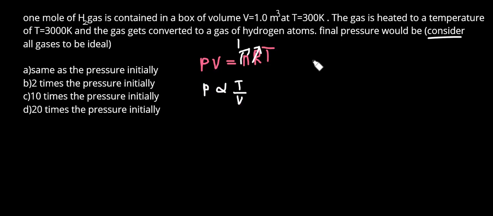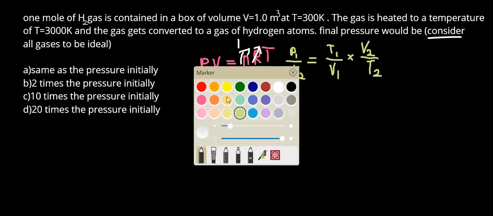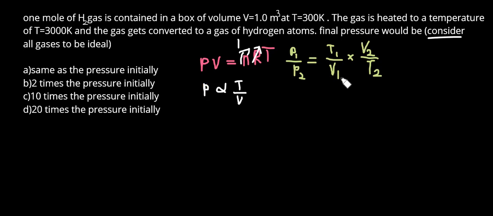The initial pressure P1 by the final pressure P2 is equal to the initial temperature T1 by the initial volume V1, times the final volume V2 by the final temperature T2. Finally we can solve this question with the help of this. So you must note it down here.